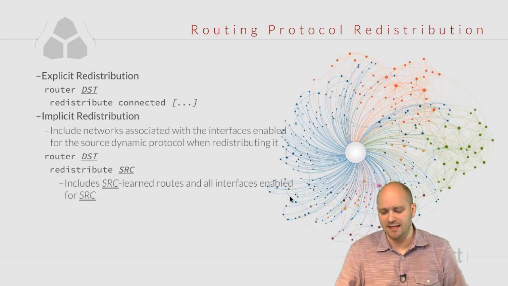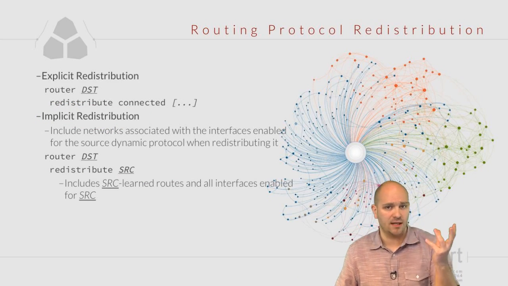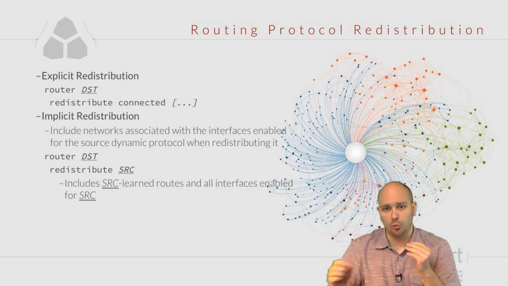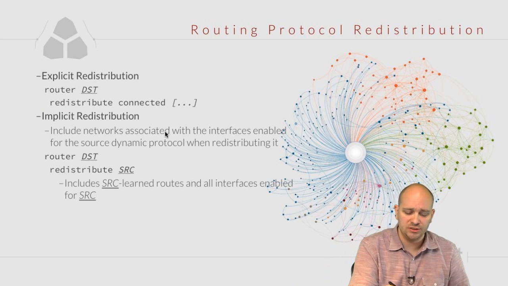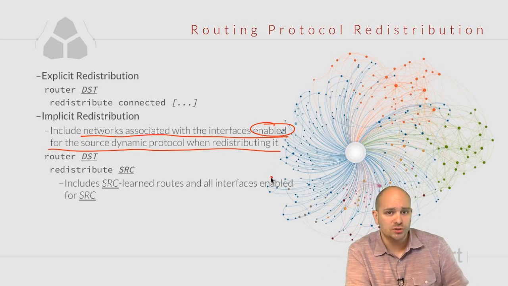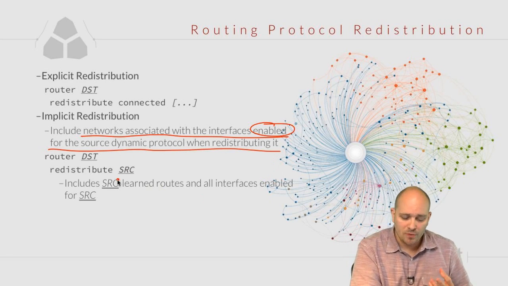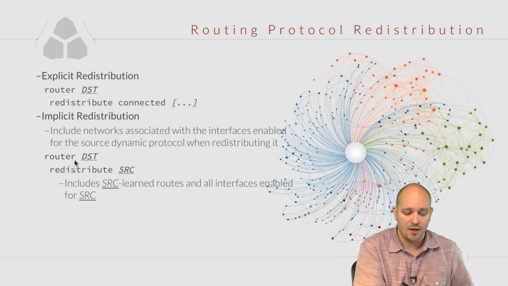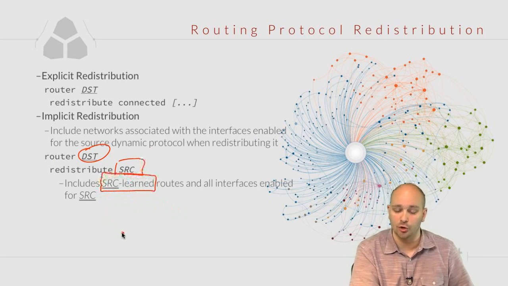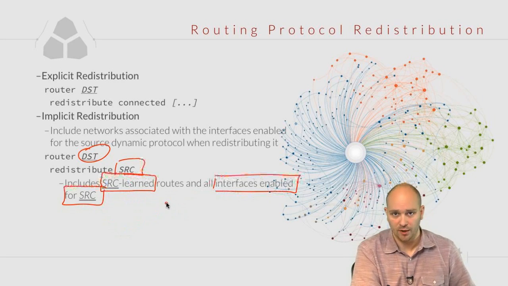When we are redistributing from one dynamic routing protocol into another dynamic protocol, by default, all those networks associated with the interfaces enabled for the source dynamic protocol will also be redistributed. So what I mean by that is when we say router destination, redistribute source, not only the source learned routes are going to be redistributed, but also all interfaces enabled for the source.